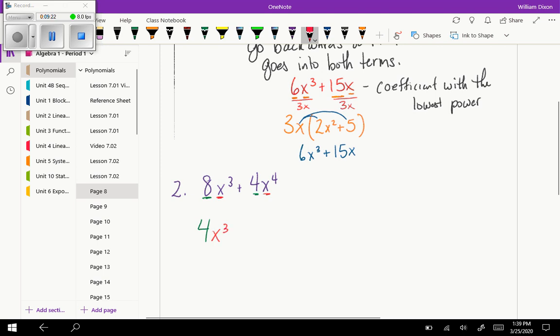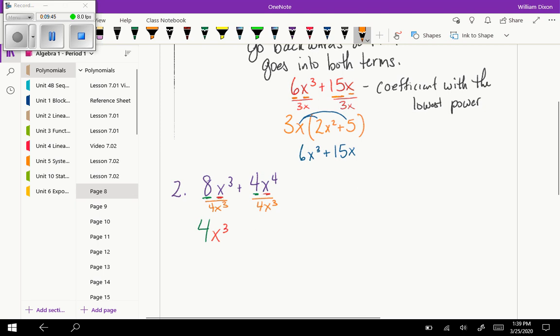Now, again, you don't have to incorporate this step. I'm just doing this to help you out, because I think this is new for everybody. So you're going to divide each term by 4x to the third, because that's what you're left with.